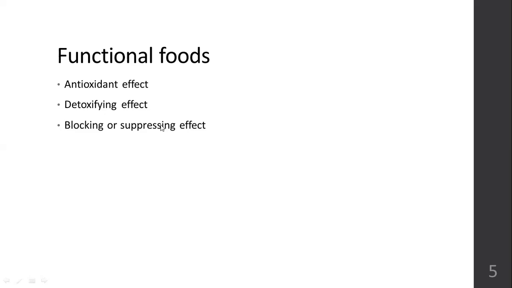Even though soya products are goitrogens, meaning goiter causing agents, that one disadvantage is not enough to ban soya based products, because the health benefits they bring to the table are much higher than just being a goitrogen. That's the blocking and suppressing effect.